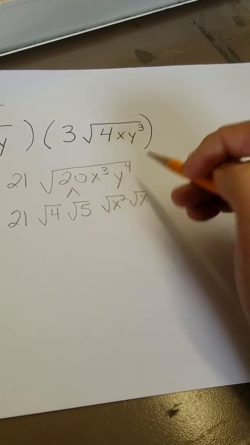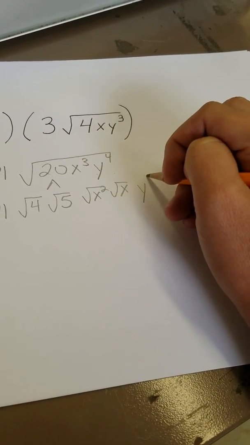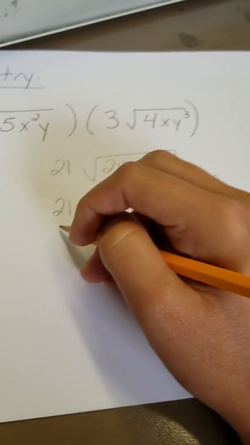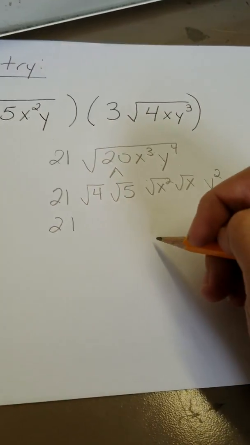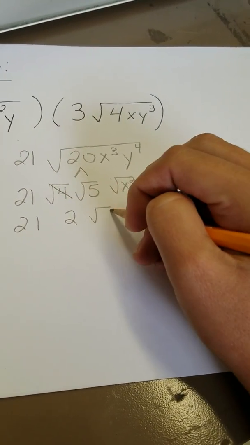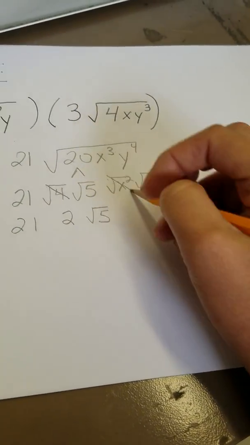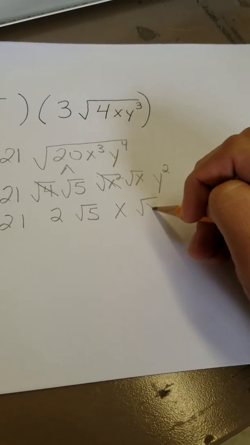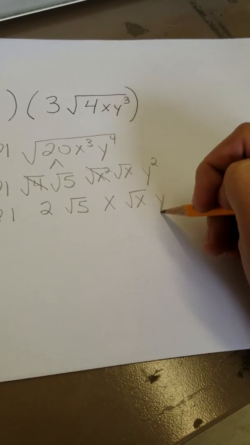Y to the 4th is perfect because he's even, y squared. I'm just going to take care of these now. 21 comes down. Radical 4 is 2. Radical 5 is staying. X squared is x. Radical x is staying. Y squared I already simplified.